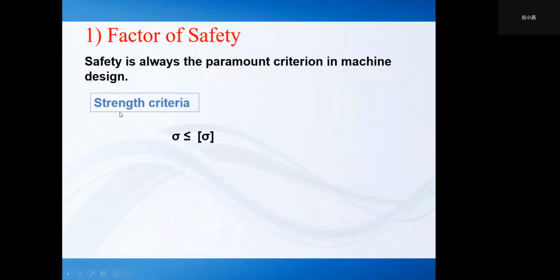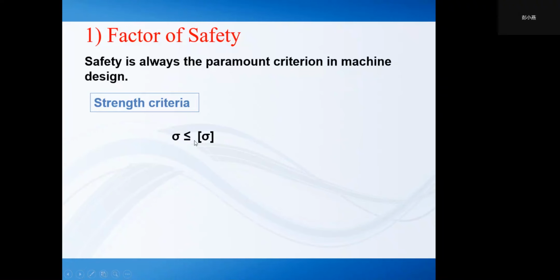Strength is the ability to resist loads. It is expressed in terms of ultimate strength sigma B, yield strength sigma S, and fatigue strength. The strength criteria indicates that the actual stress acting on an element at a critical location must be less than the allowable stress of material.